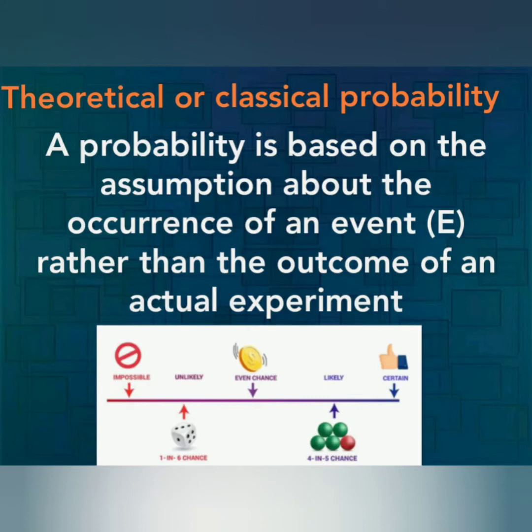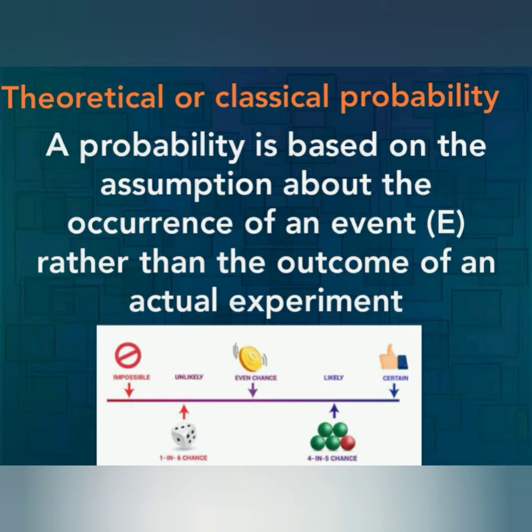See the below figure. First one is impossible, second one is unlikely, then even chance, likely and certain. Can you tell me one example for an impossible event? That planet Mercury is a luminous body.